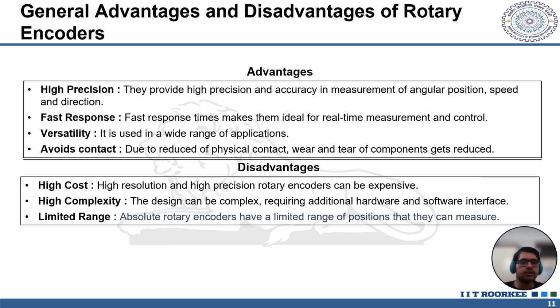I would also like to mention that even though we find that magnetic and capacitive encoders are more robust than optical encoders, we need to understand that they still can be sensitive to environmental factors such as temperature, humidity, and magnetic fields, which can affect their accuracy and reliability.